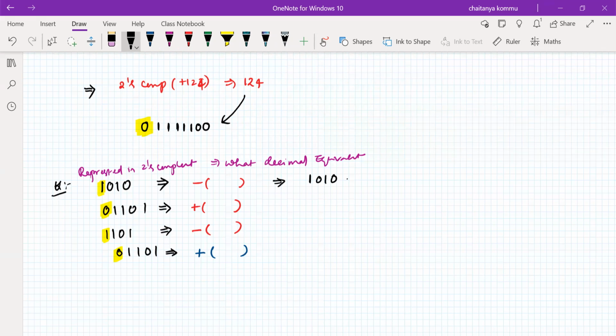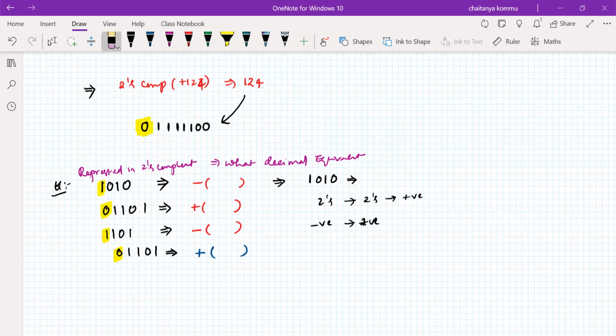For that, once again we have to take the complement. That means if you take the 2's complement of a 2's complement number, what will you get? A positive value. Actually it is a negative value represented in negative representation; if you do it once again, you will get the positive value. Once you complement a negative value, you get a positive value. If you complement a positive value, you get a negative value. That's what we have to remember.